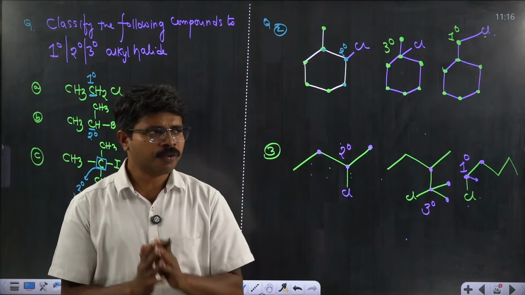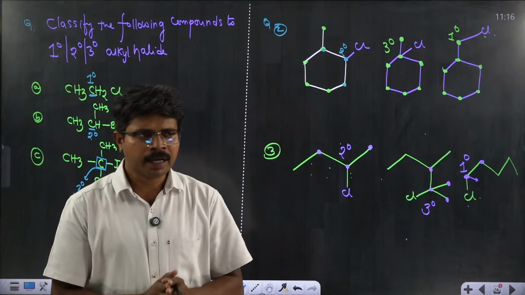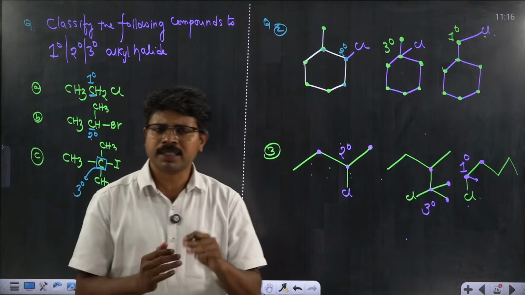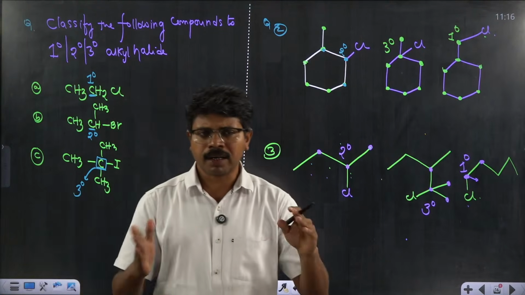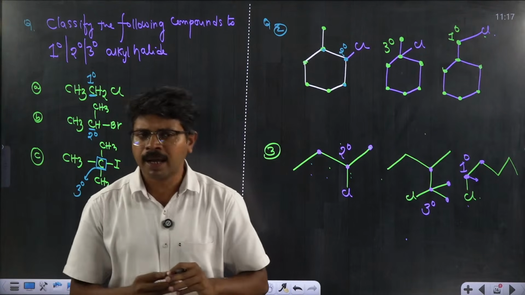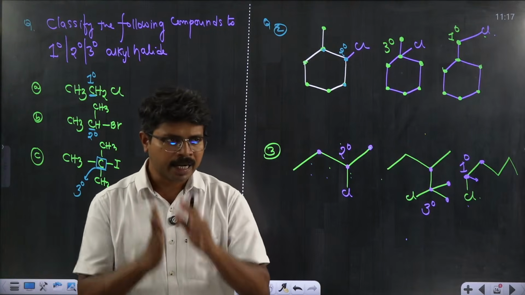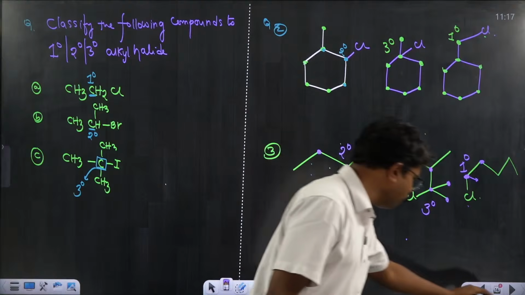So, we have completed the discussion about degree of halogen. Under degree of halogen, we have discussed the classification of alkyl halides. We have in total primary, secondary and tertiary alkyl halides. I hope you are able to classify alkyl halides properly. Moving ahead.